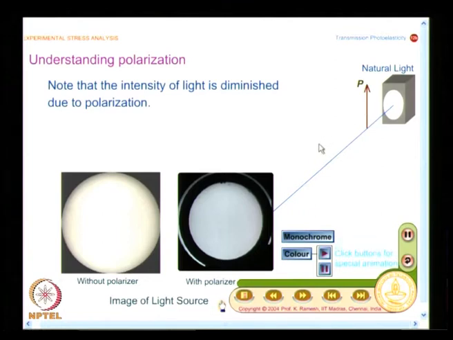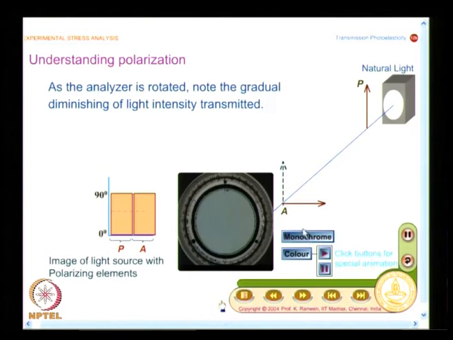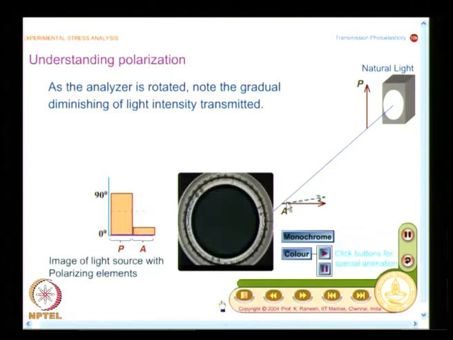I introduce another element which is physically the same and keep it at different orientations. When I rotate this element, you find progressively the intensity diminishes, and when this axis becomes horizontal, that is perpendicular to the polarizing axis, the light that comes out of the polarizer is completely cut off by the analyzer.